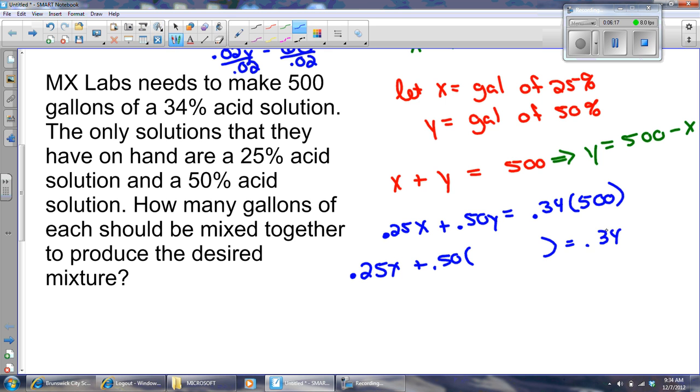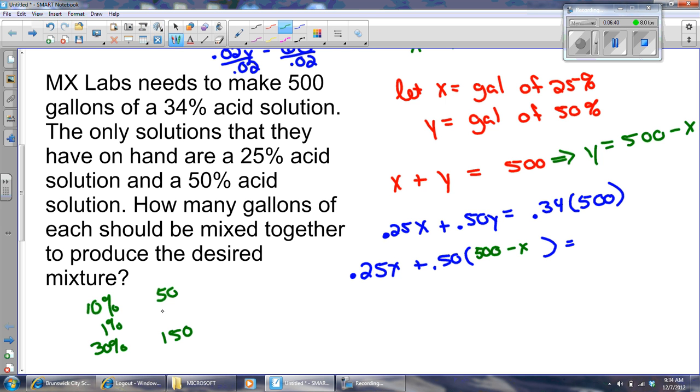Oh, I should multiply that out. Sorry. Let me write this in here. And let me see, 10% of 500 would be 50. So that makes 30% up to 150, right?